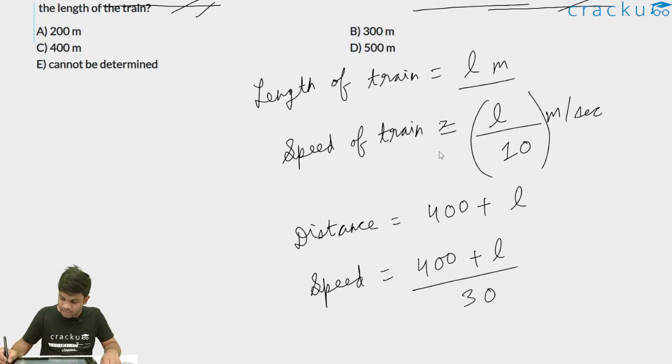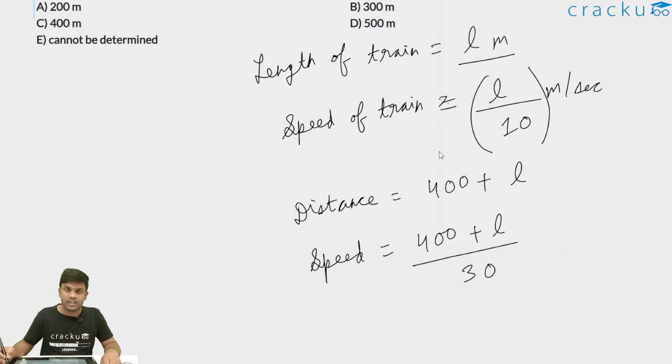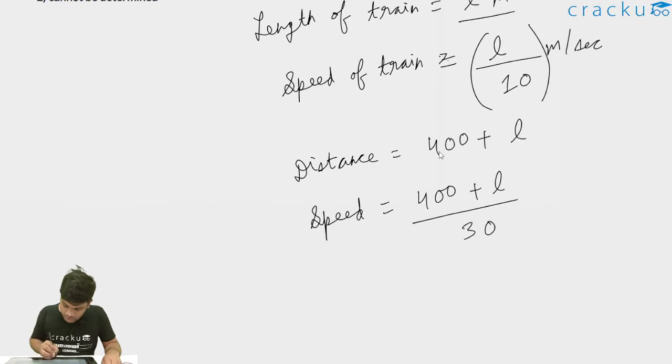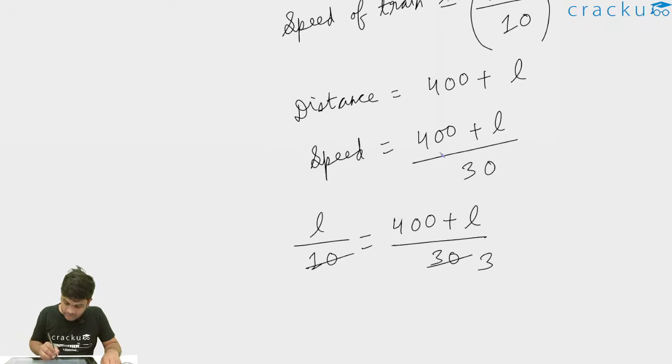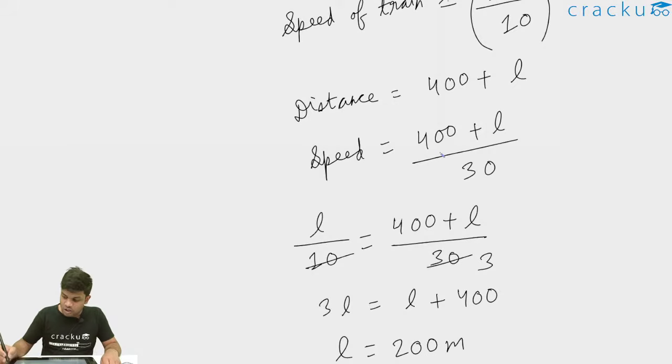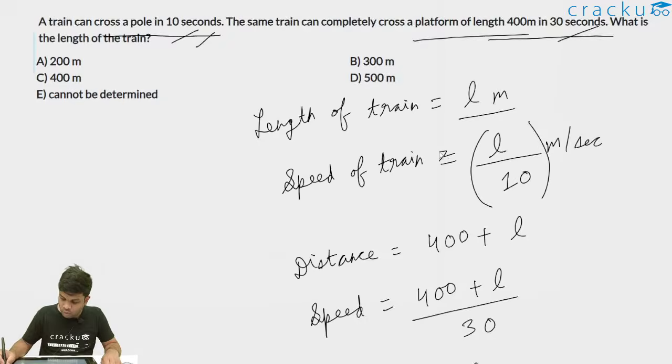The speed of the train should be equal in both cases. So L by 10 is equal to 400 plus L by 30. When you calculate it, you will get 3L is equal to L plus 400. From here you will get L is equal to 200 meters. So the length of the train is 200 meters, which is option A.